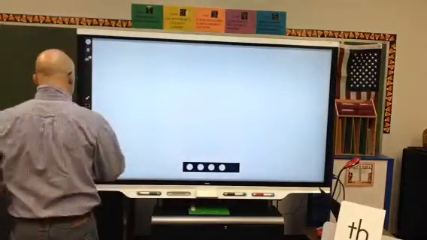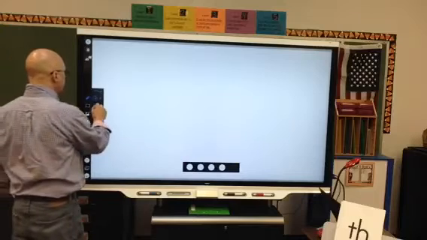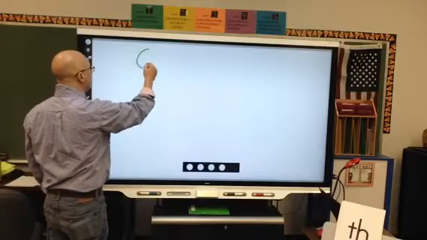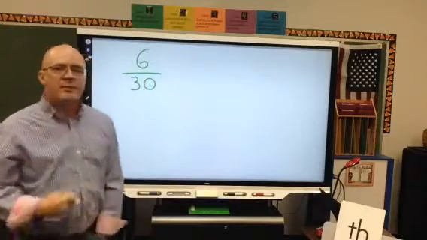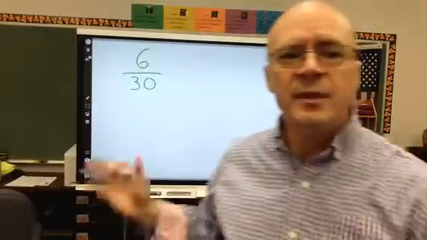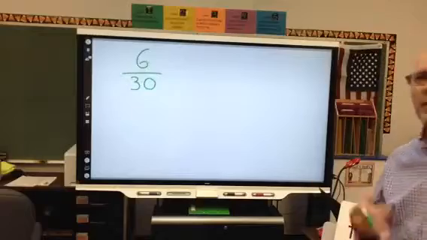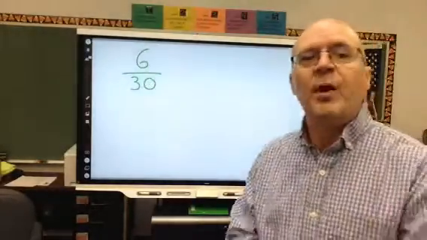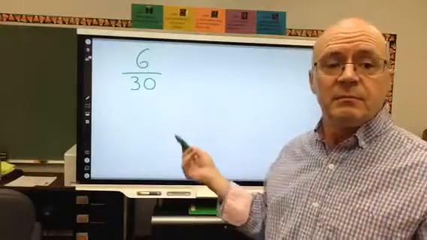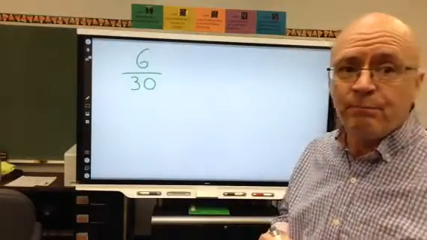So let's say we've got this fraction here, 6 over 30. Now, there's a lot of different ways that you can simplify. There's a lot of different ways that you can try to figure out the fraction in simplest form.